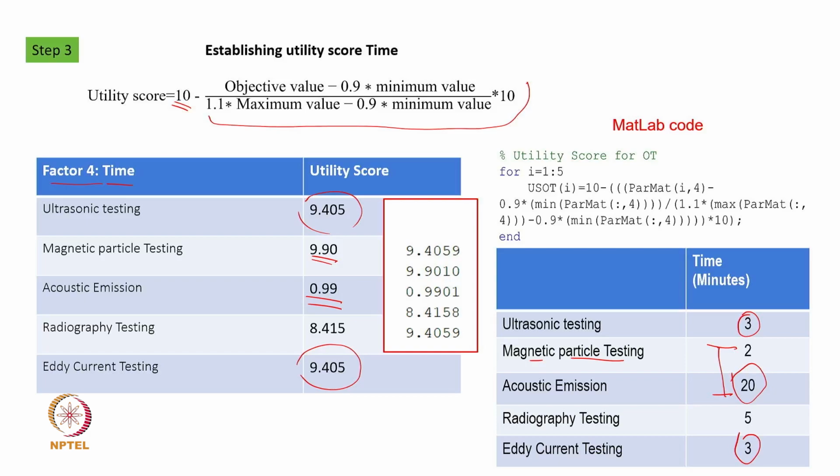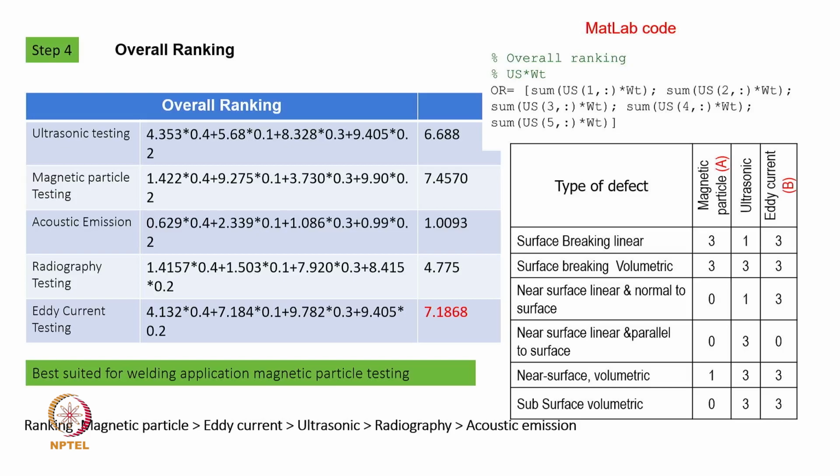We have 4 factors and 5 testing methods, and we have done all the calculations. Now, next is how we go ahead and find the overall ranking. For that purpose we need to multiply with the weights. In this case, for ultrasonic, parameter 1 got a rating of 4.353 and the weighting factor of factor 1 is 0.4, so that has been multiplied.